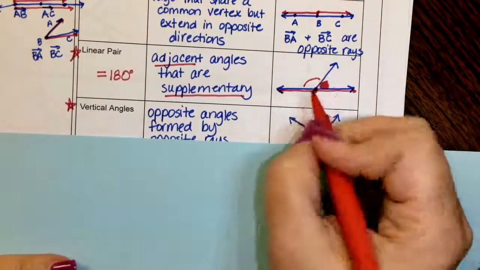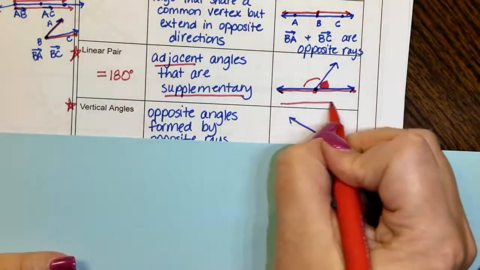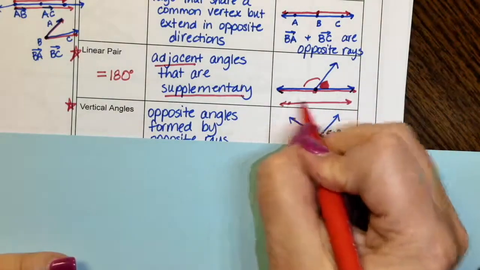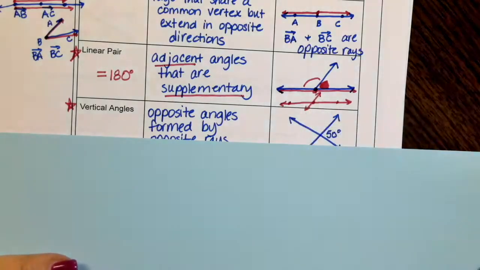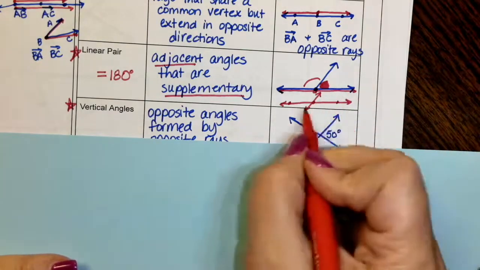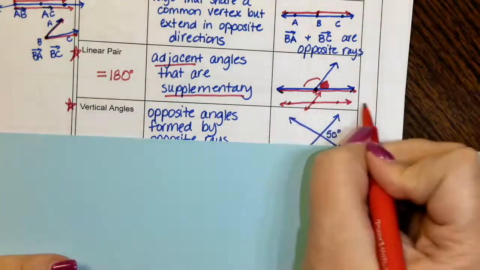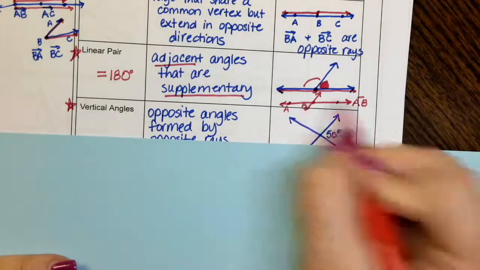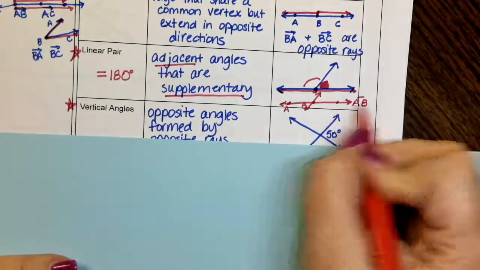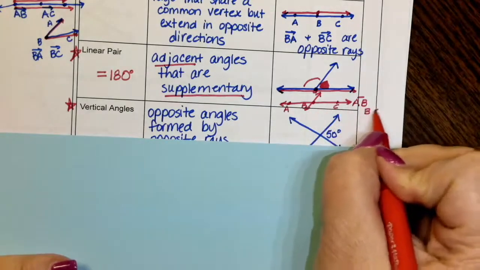Now, don't be confused, okay? If you have a line, and I'm talking about segments, and it happens to have a segment bisector, or a line that bisects it through the midpoint, this is very different. If I say segment AB, that's segment AB and BC. Those are segments.